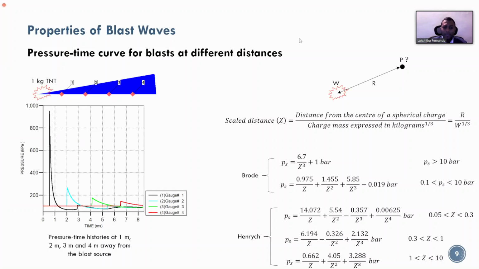In either of those cases, your pressure will reduce. So these equations are able to somewhat capture the effects of the pressure. Of course, there are shortcomings in these equations, but what I want to highlight in this slide is when there's a blast, there's a sudden rise in pressure, but the effect of it reduces or decays as you move away from the source of the blast.